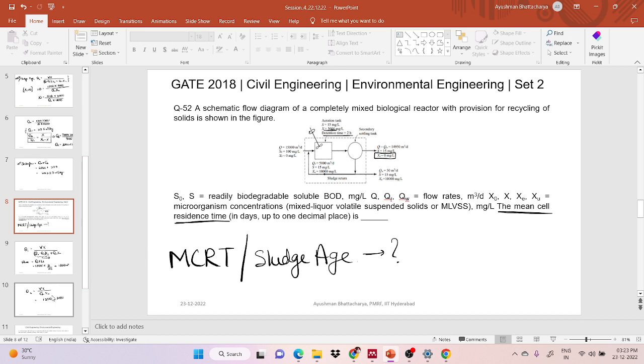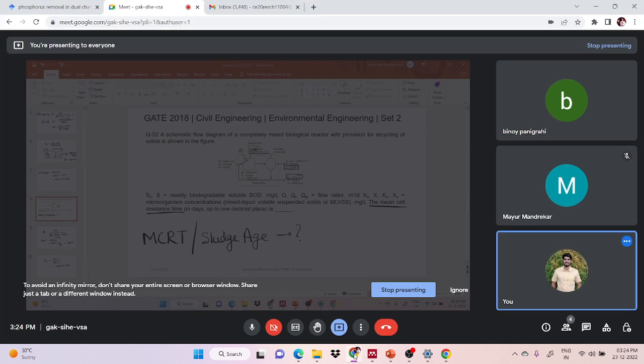Now we have the QW. QW they have mentioned as 50. So in your question, see here also, QW they are mentioning the one which is getting out. So now is it clear to you? Yes, sir.